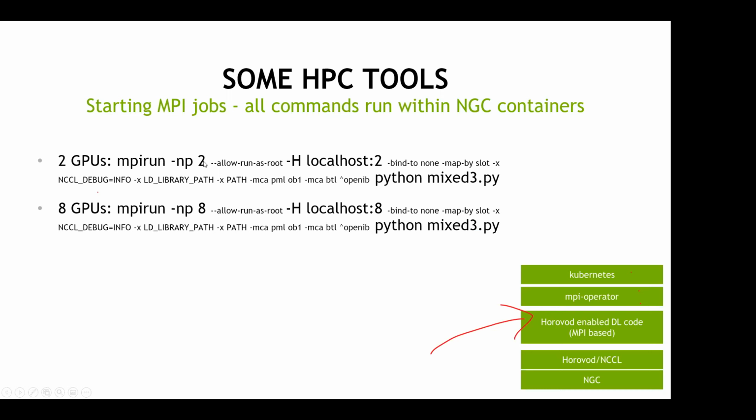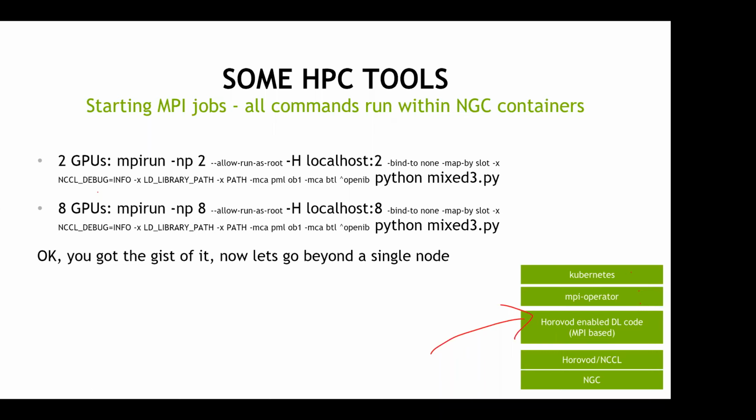We say 2 processes, and all the 2 processes on localhost. In the fine print, I made a couple of details. You can ignore them for now. But at the end, I wanted to run my mixed precision example here, which is multi-GPU at the same time. To run the same job in a different setting, let's say I want to use 8 GPUs, given that I have them, I exchange the 2 for an 8. Right, that's about it. Now you get the gist of it.